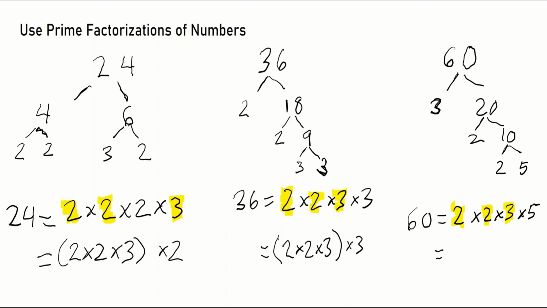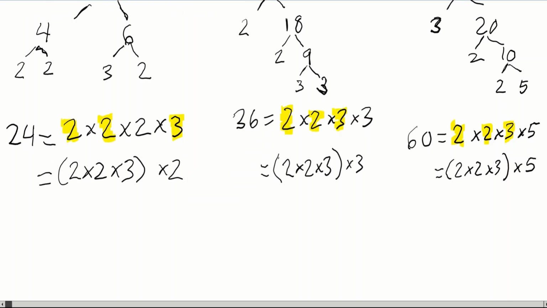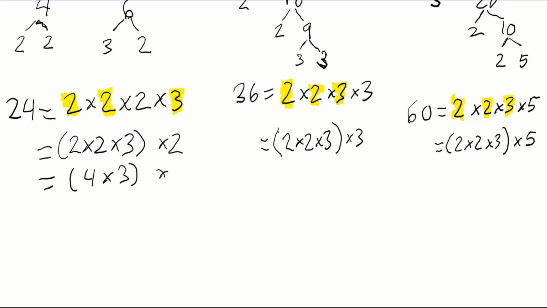And 60, as we can also see, 2 times 2 times 3 in parentheses, with this quantity multiplied by 5. And, as we know, 2 times 2 times 3 is equal to 4 times 3, which equals 12.